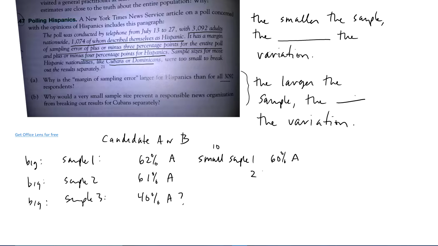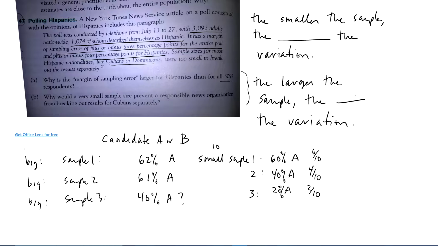Then I take sample 2, and now I said 40% favor A. In the first sample, to get 60% favoring A, that was 6 out of 10. And this is 4 out of 10. That's a swing of 2 people. That wouldn't be that surprising. In fact, if I got a third sample and got 20%, that'd be 2 out of 10. Even that wouldn't be that surprising, would it? Because there's so few people in this sample, to get a swing that much isn't a big deal.